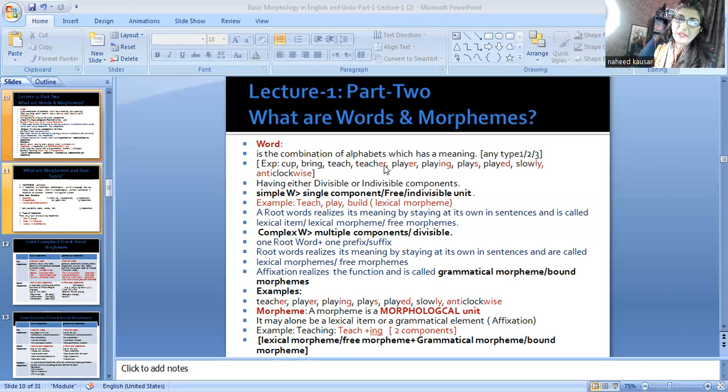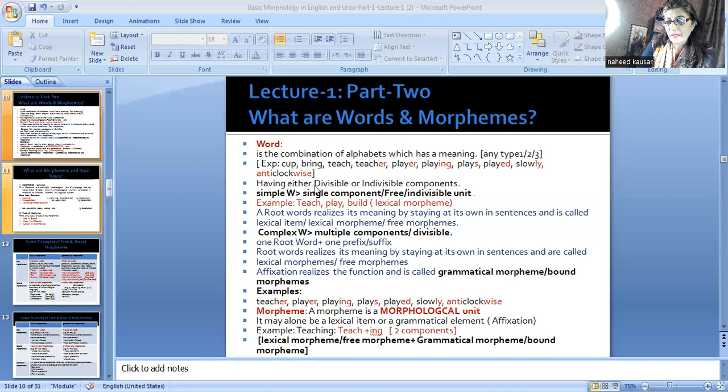In a simple word, the component is just one and it is not divisible. But where there are multiple components in a word, the word is divisible into further parts. Each part of that word will be considered a morpheme.